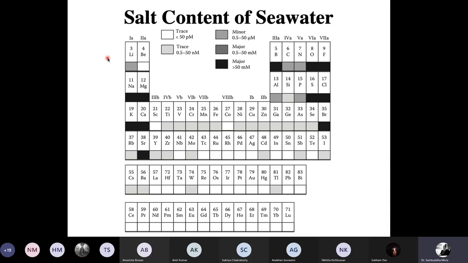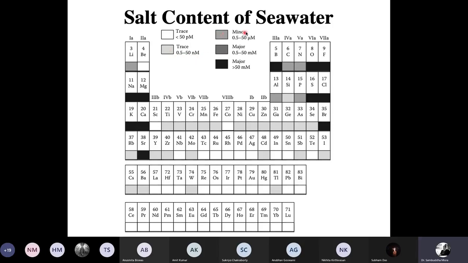I'm going to leave you with this, which gives you an overview of the elements in the periodic table and their composition in seawater. The ones in white are in trace. We're looking at something less than 50 picomolar. The ones in light gray are also trace. We are looking at something between 0.5 to 50 nanomolar.